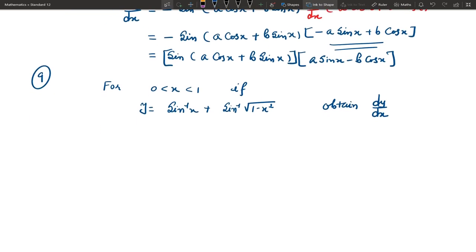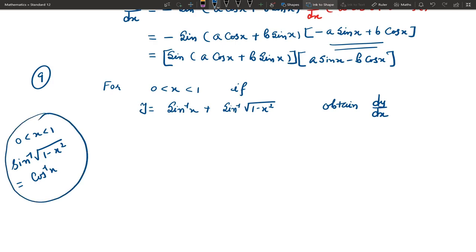It is very easy to differentiate this. From the results of inverse trigonometric functions for 0 less than x less than 1, you know the interrelation between sine inverse and cos inverse: sine inverse under root 1 minus x square equals cos inverse x. Another known result is sine inverse x plus cos inverse x equals pi by 2. So we use this result.